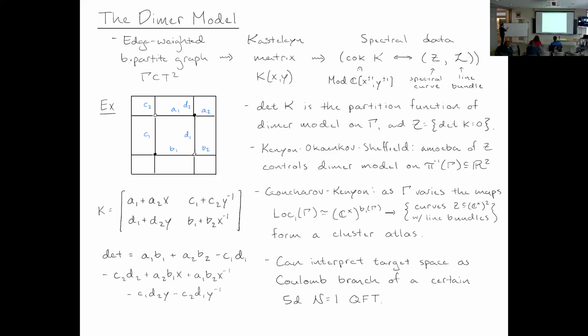I'm going to draw a picture on this graph. Imagine I'm going along the edges. I turn right every time I hit a white vertex. I turn left at black vertices. Right, left. And I get a path like that.